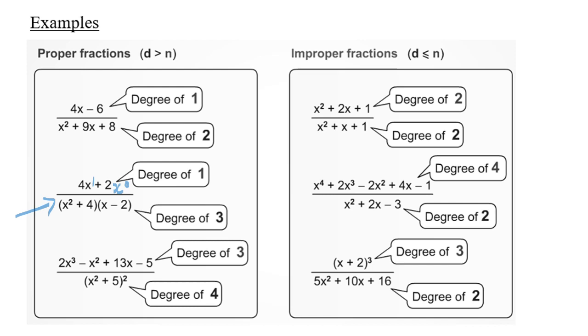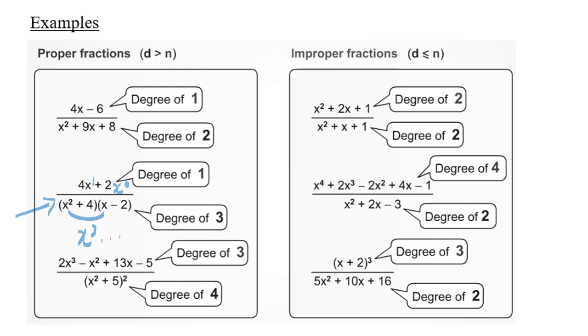So the highest power in the numerator is 1, hence it has degree 1. In the denominator, x squared times x gives you x cubed, plus some other terms, but the highest power is 3, so that is degree 3. So this is a proper fraction because the degree of the numerator is less than the degree of the denominator.